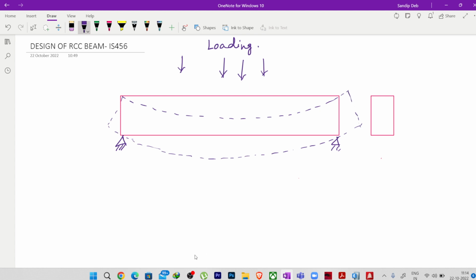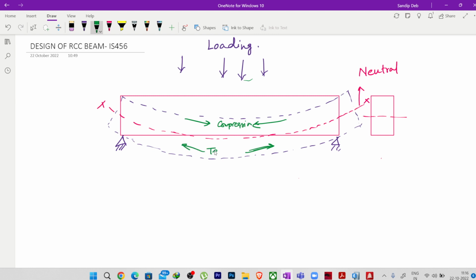Due to this bending, as you all know, the top fibers of the beam will go under compression and the bottom fibers will go under tension. The bottom fibers have tensile stress and the top fibers have compressive stress.